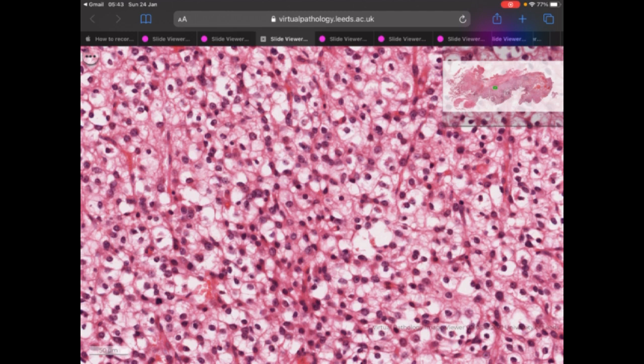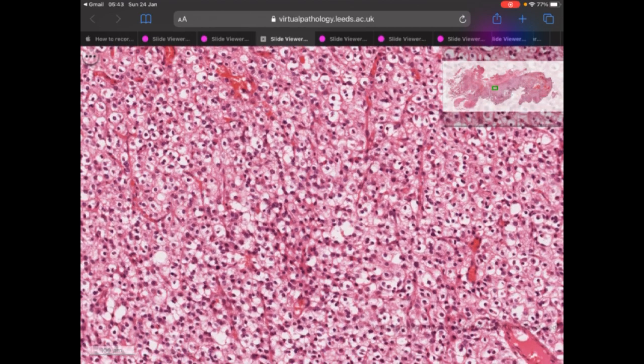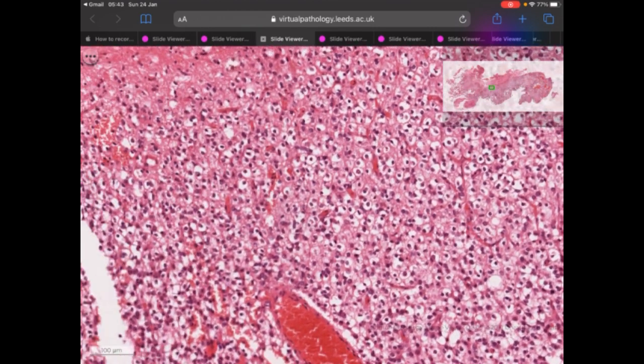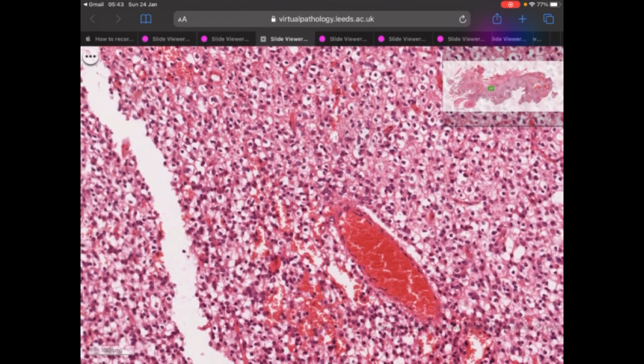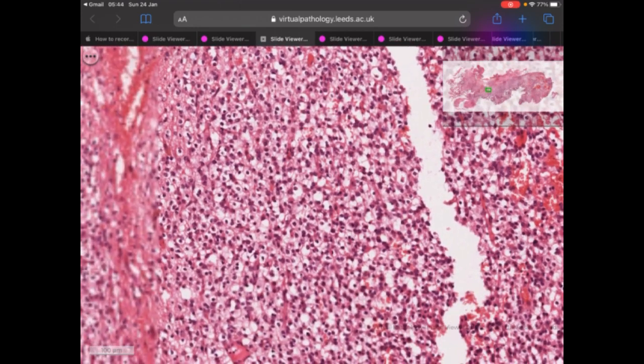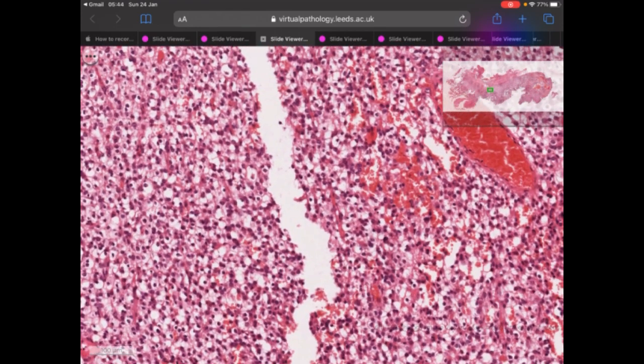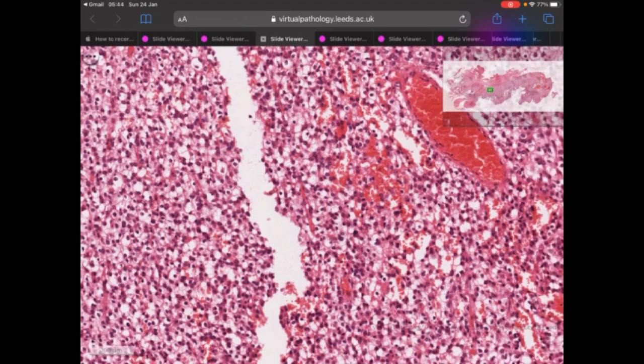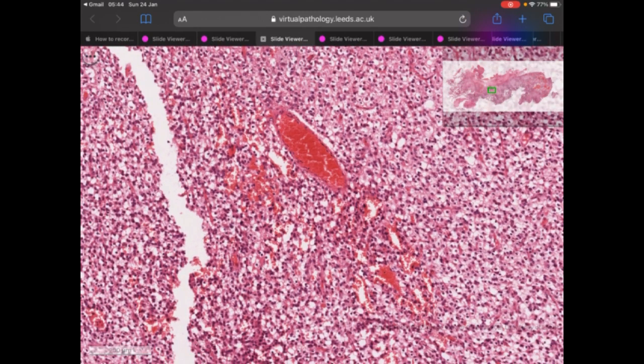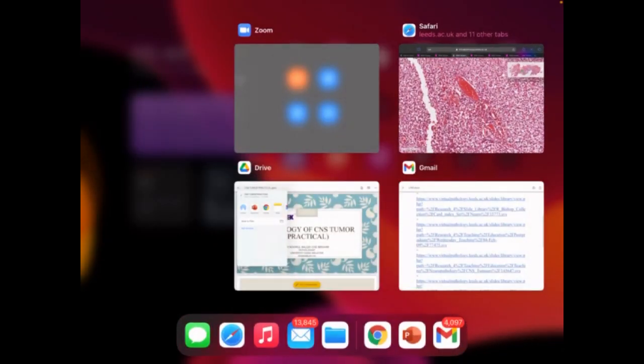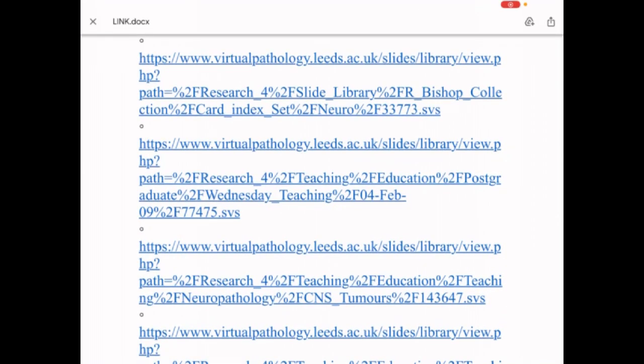There are no nucleoli, and there are many capillary, delicate, small size blood vessels. When we scan all the other areas, they show similar features. So when you see these cells, the fried egg appearance is very apparent. You can diagnose this case as an oligodendroglioma.